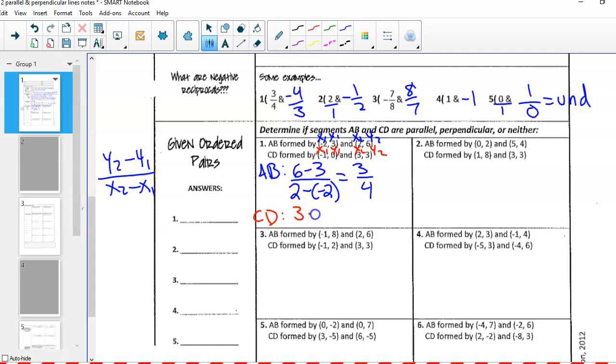So 3 minus, was it 0? Yeah. Over 3 minus negative 1. So this would be 3 over 4. So are these parallel, perpendicular, or neither? Yes, how do you know that? Because they're both the same. So these are parallel because they're both the same.